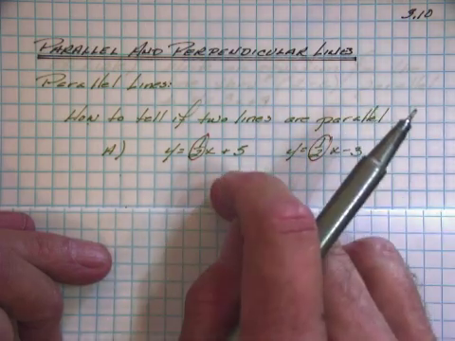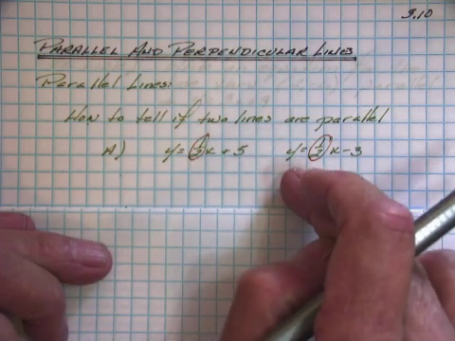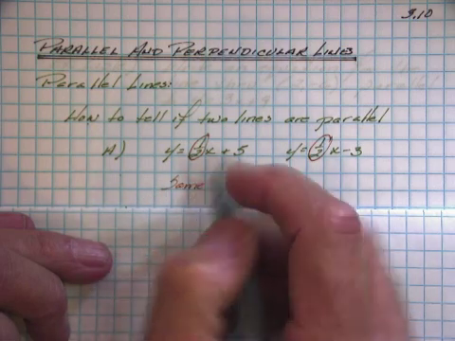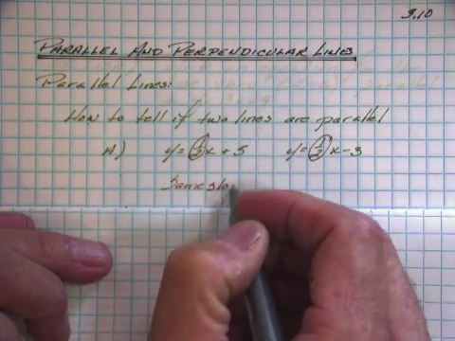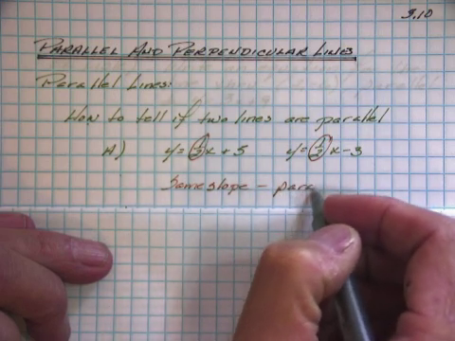The two slopes are equal to each other, and if the slopes are equal, then we know that the two lines are parallel. So same slope means parallel.